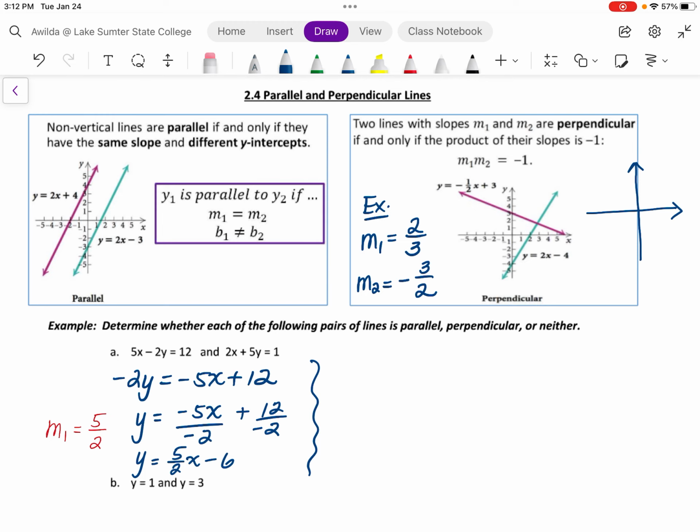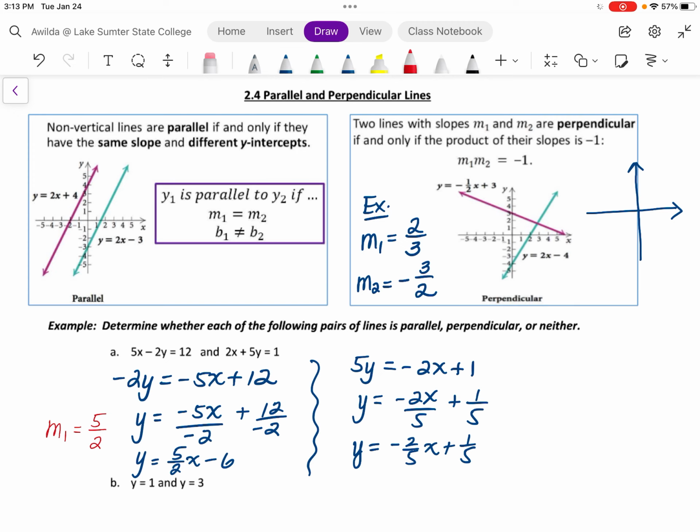Let's rewrite the equation in slope-intercept form by isolating the y variable. We'll start by subtracting 2x from both sides. And next, let's divide both sides by 5. So, written in slope-intercept form, we have that y is equal to -2/5 times x plus 1/5.